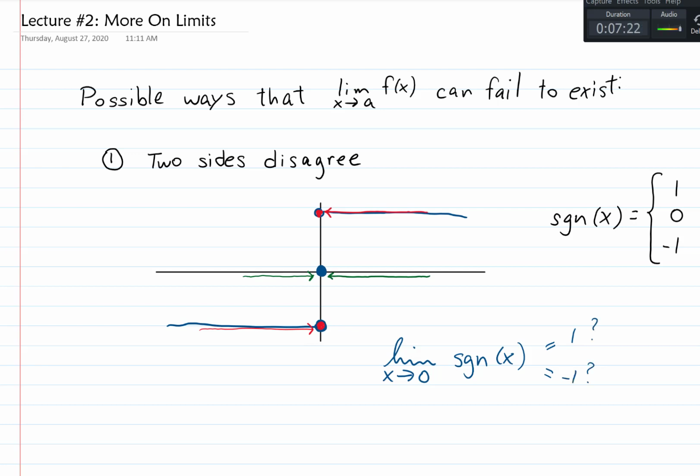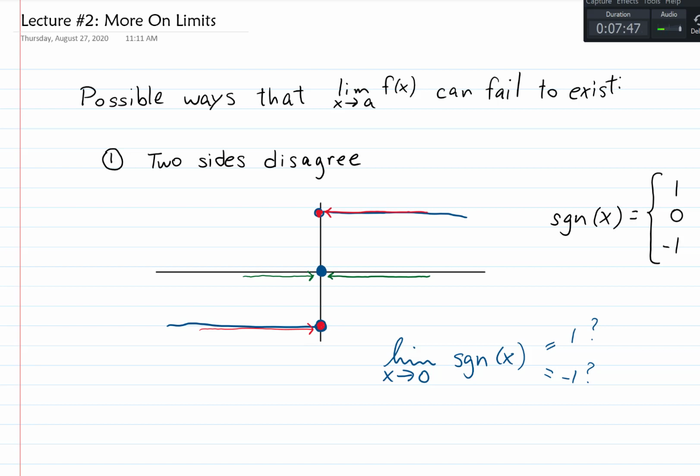Which one is it? Or is it both? That's a perfectly good question. Is the limit both of those? Well, you have to remember what limit means. You're asking, do the y values approach a number as the x values are approaching a? And in this case, a is 0.